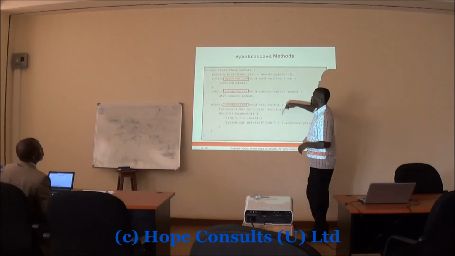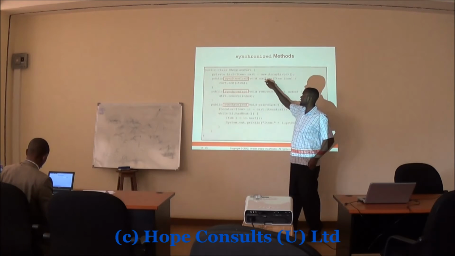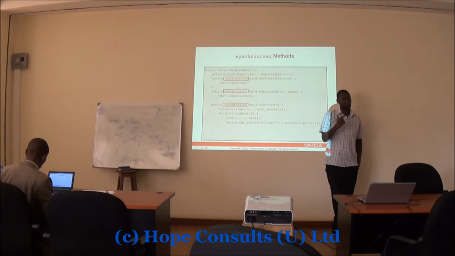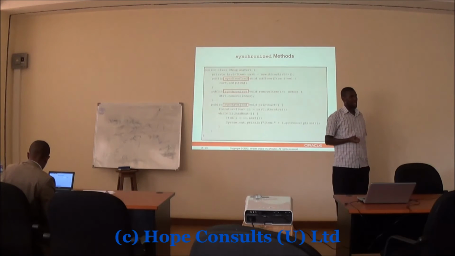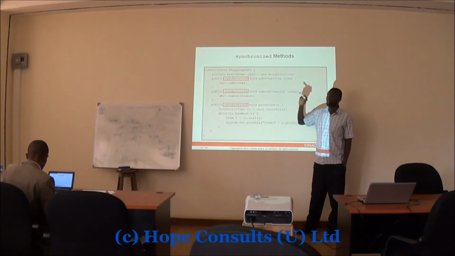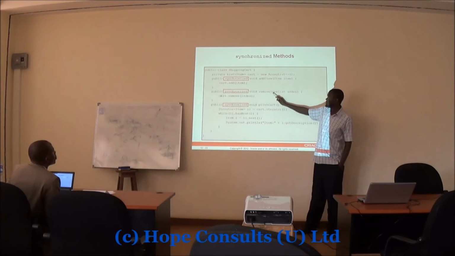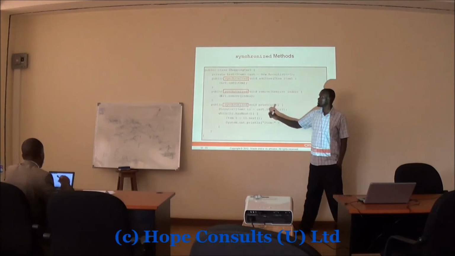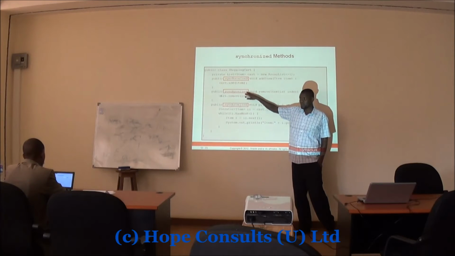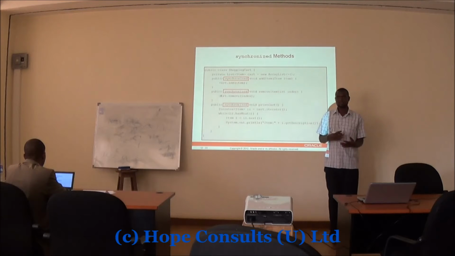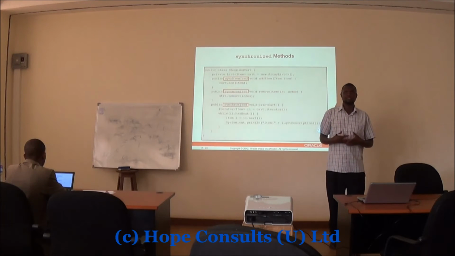So we are using synchronized on add item so that when it's adding an item, only one thread can do that at a go. If you are also trying to remove an item from the array list, you only allow one thread at a time by using the synchronized keyword. Same for printing the items in that array list.